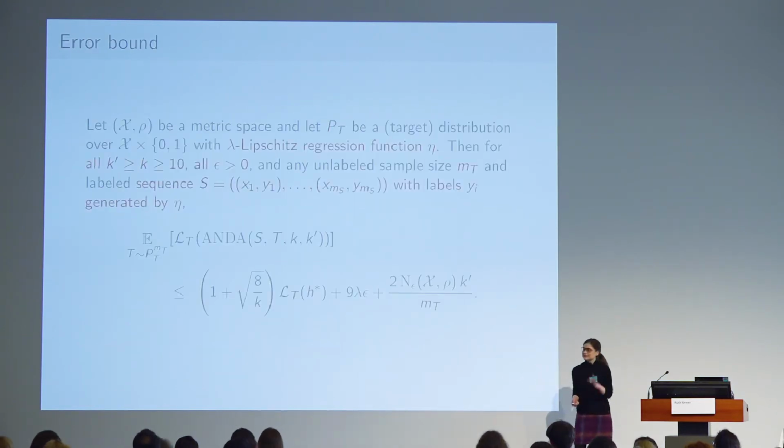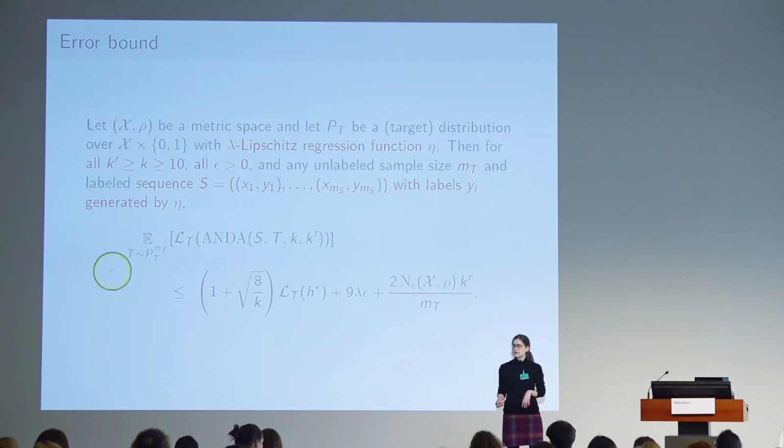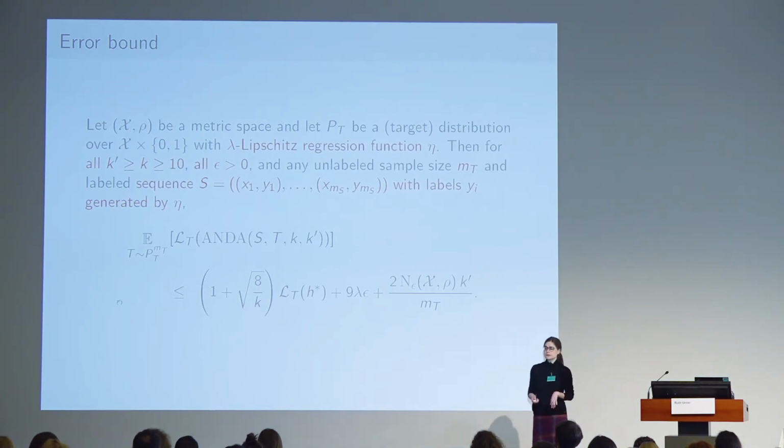So what we showed here, again, you don't need to read through this text, is a bound on the expected error of the classifier that you'll end up with if you use this label querying rule.